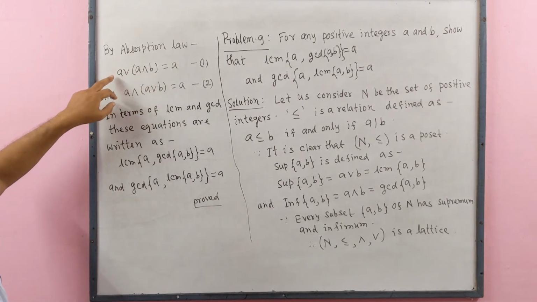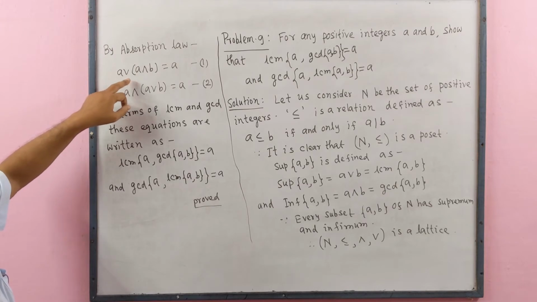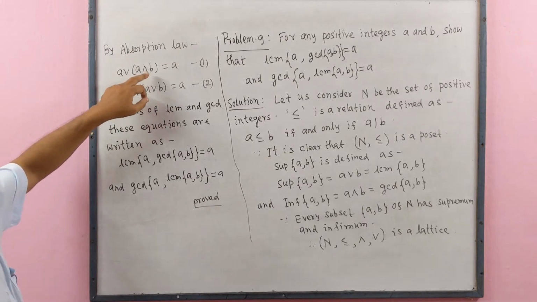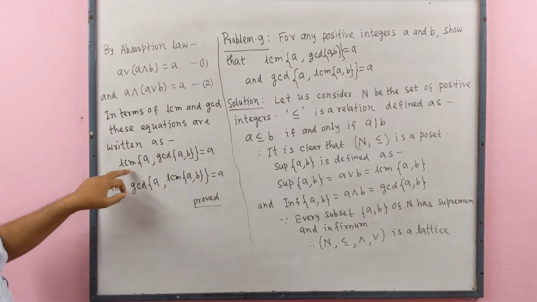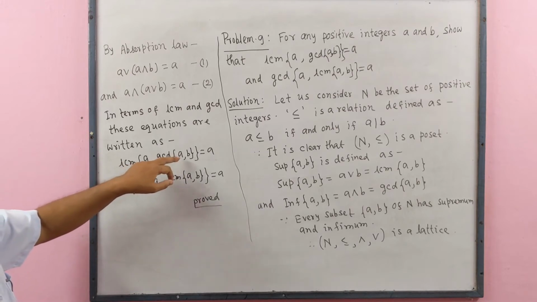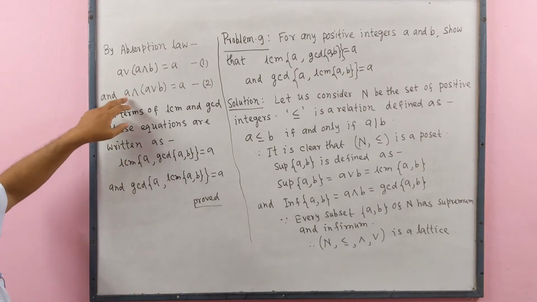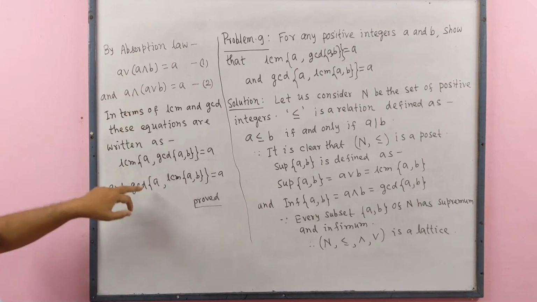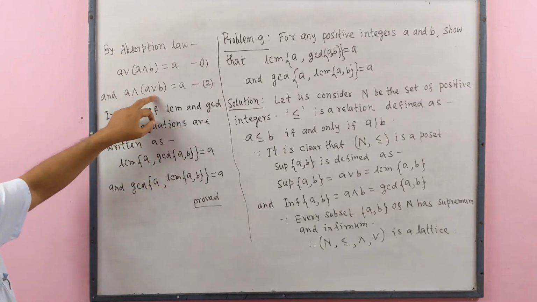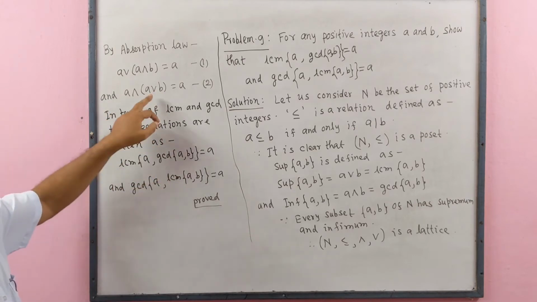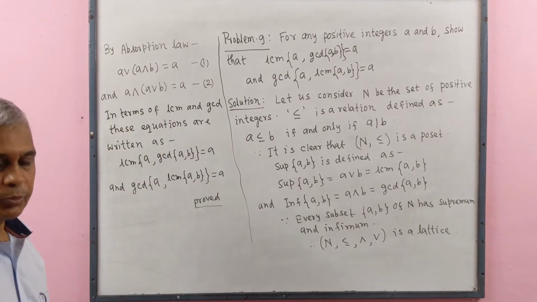Then in number 1 we write LCM of A comma GCD of A comma B equals A. Similarly, number 2, meet means GCD: GCD of A comma, and join is LCM, LCM of A and B, equals A. Proved.